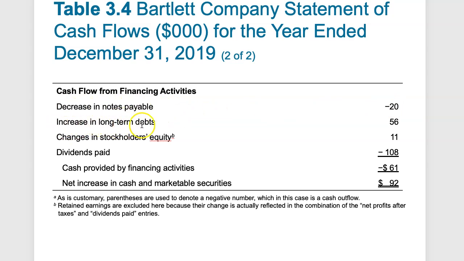But if we increase our debts, for example, we're increasing long-term debts here, we increase our cash flow. Any change in stockholders' equity, we may issue more equity to raise cash, or we may buy back equity to reduce cash. Dividends paid will reduce your financing cash flow. So this is, again, cash flows from our financing activities.